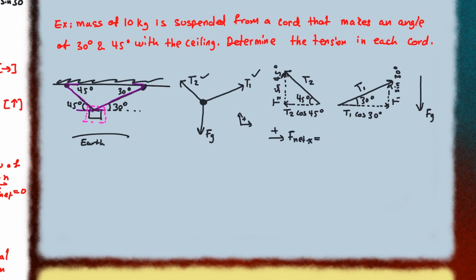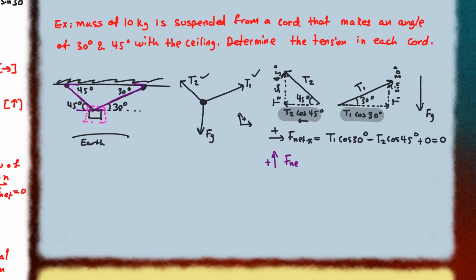So if we take right to be positive, F net x is equal to T1 cos 30 because it's going to the right, which is positive, minus T2 cos 45 because it's going in the left direction, which is opposite to our positive coordinate system, plus 0 because Fg has no component, and that is going to equal 0 because our mass is at rest. Same procedure for the upward direction.